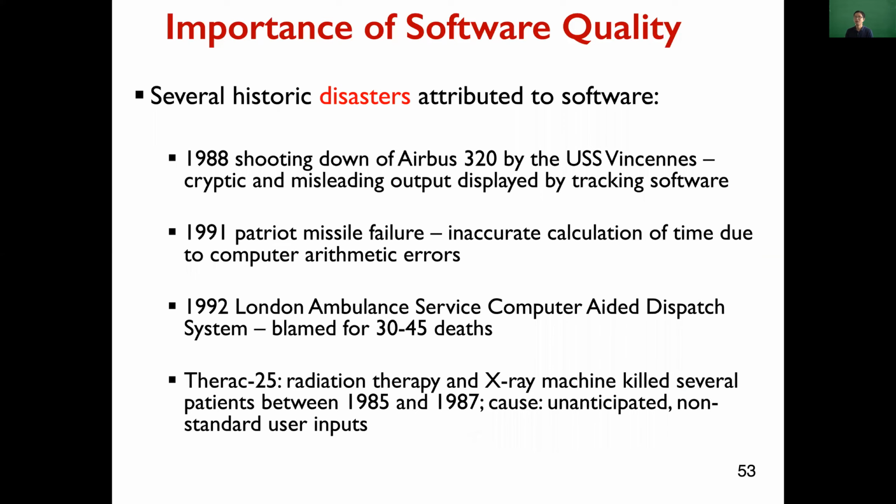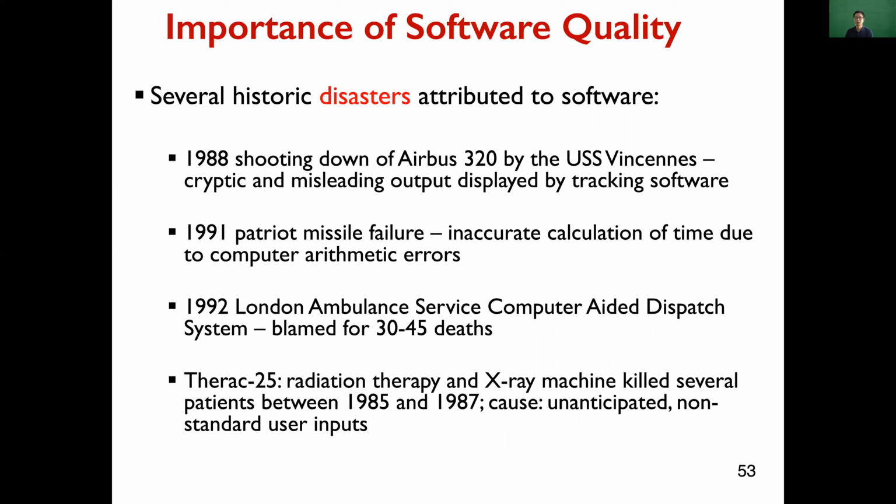And there are some more severe problems or disasters related to software issues. For example, in 1988, a US battleship, USS Vincennes, mistakenly shot down an Airbus passenger plane, A320, and caused the deaths of hundreds of people.